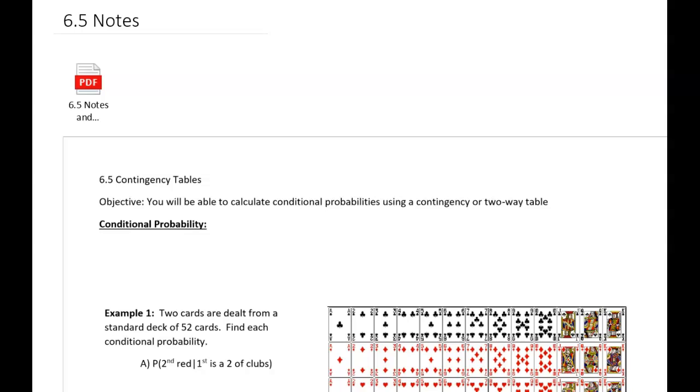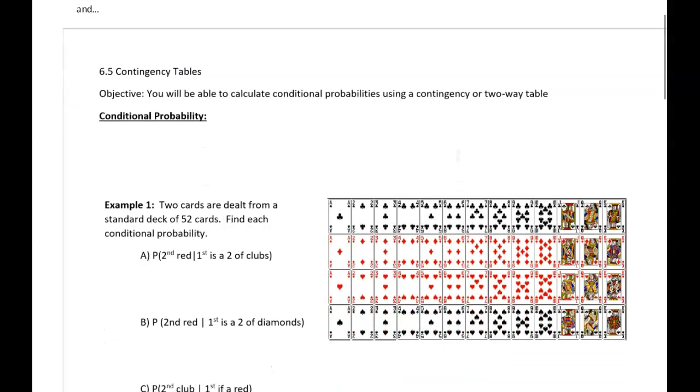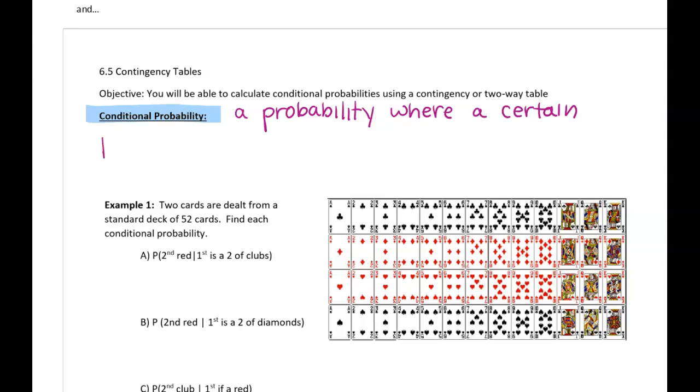Okay, so now we'll do 6.5, which is contingency tables. So we'll talk about conditional probability. And conditional probability is a probability where a certain prerequisite probability has already been met.